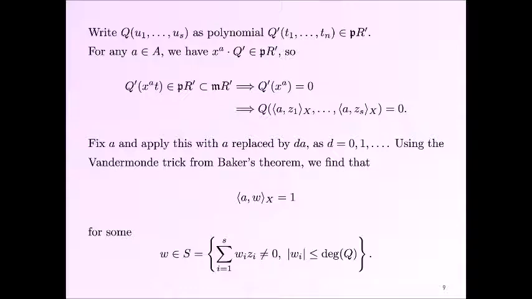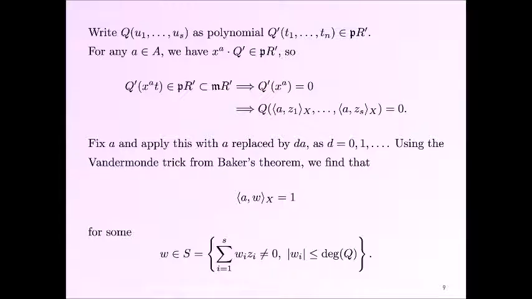Okay, and if you go back into the definition of what this x to the a is and how we define this inner product, this is saying that q of the inner product of a with z1, dot dot dot, a with zs is equal to 0. Now I'll fix a and apply this with a replaced by all of its multiples da for d equals 0, 1, and so on.